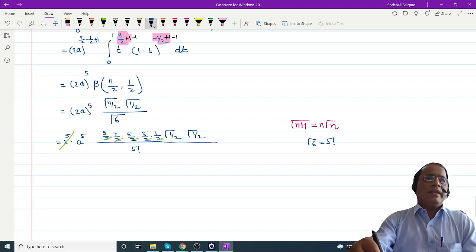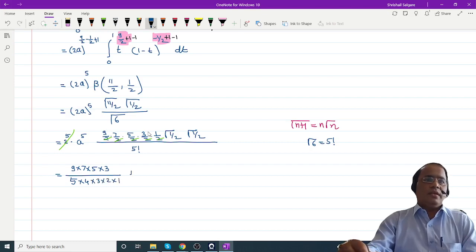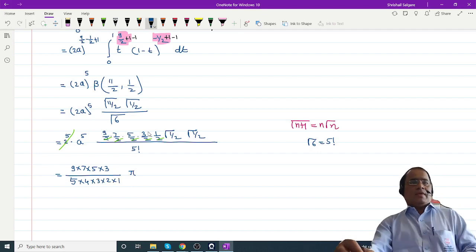Now the remaining term is 9 into 7 into 5 into 3 divided by 5 factorial, which is 5 into 4 into 3 into 2 into 1. Gamma 1 half is root pi, gamma 1 half is root pi.